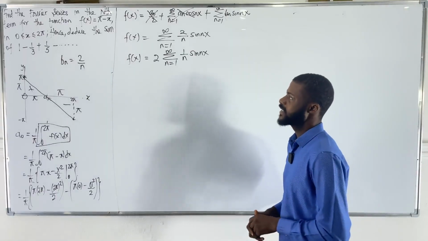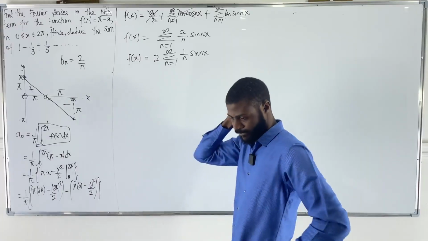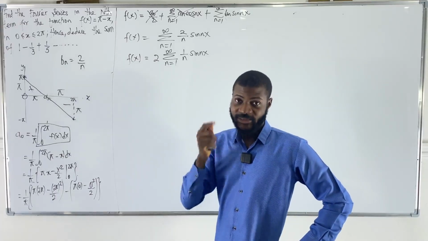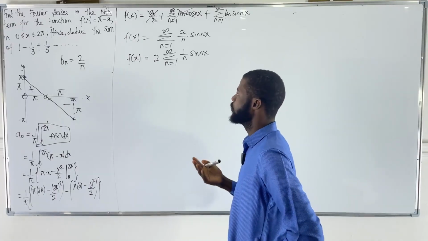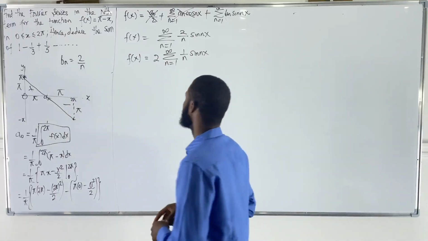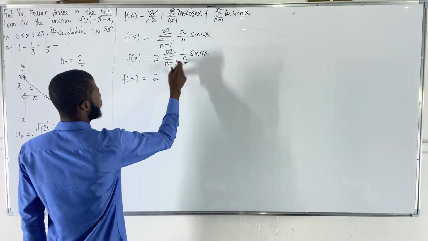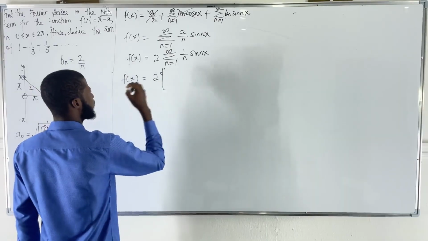Now the second part says deduce the sum of that. Let's deduce the sum. Before we do that, we have to expand the Fourier series. So this is f of x equal to, then what will be this sum? Let's open up a bracket.